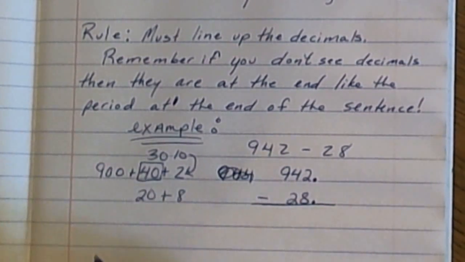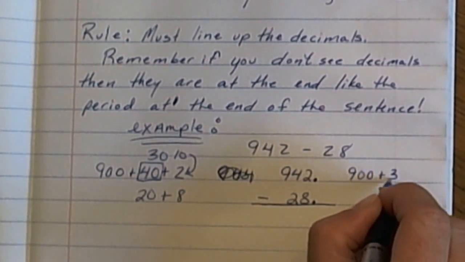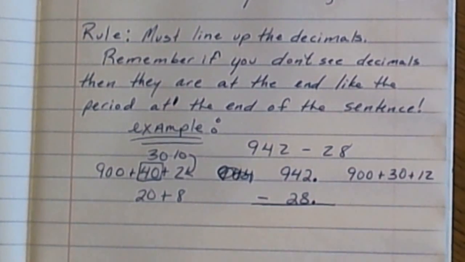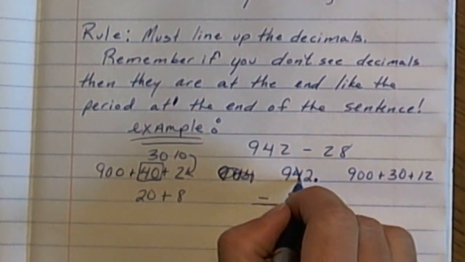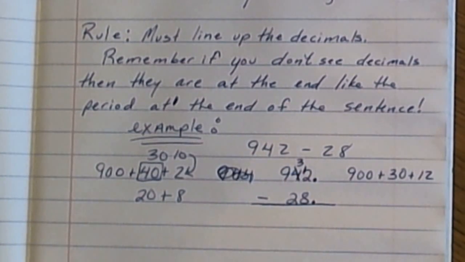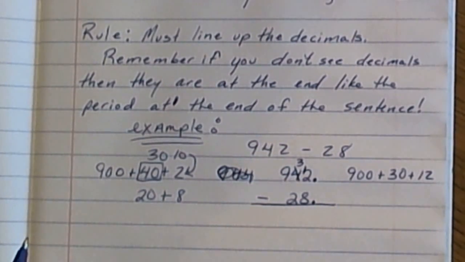So if I did that, that would be 900 plus 30 plus 12. So that means this is a 3, and now that's a 12. Can I say 12 minus 8? Well, of course I can.